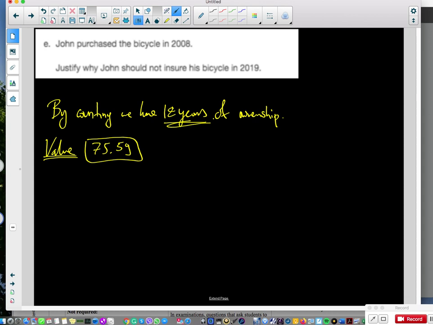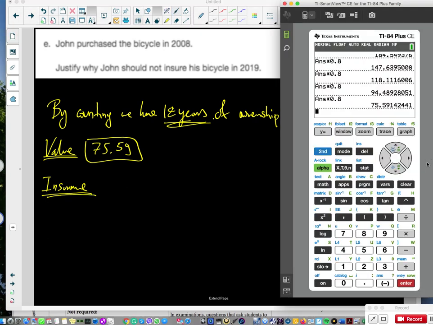And what is the insurance value? The insurance in 12 years. You can provide a list. You start with 120, and you subtract 3.5.